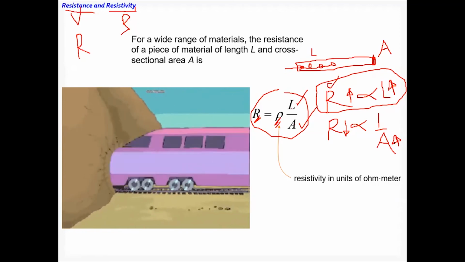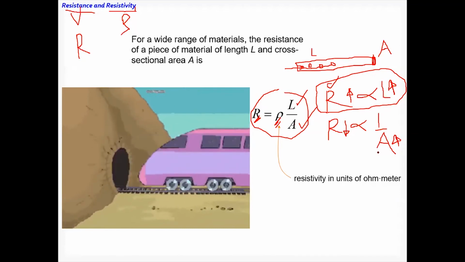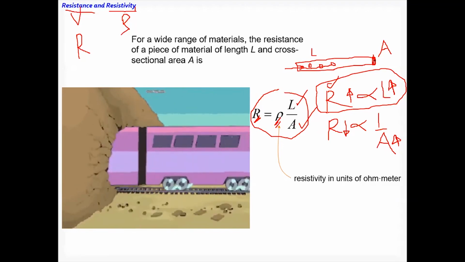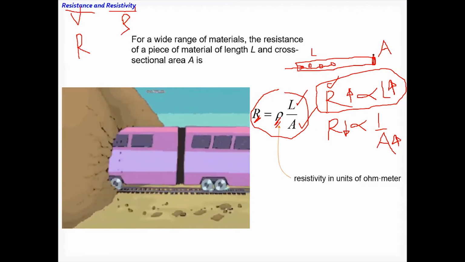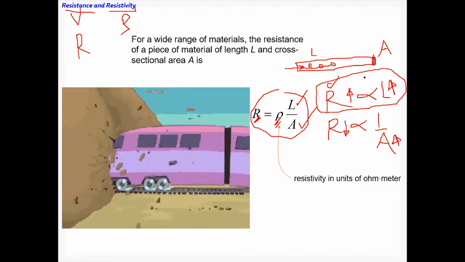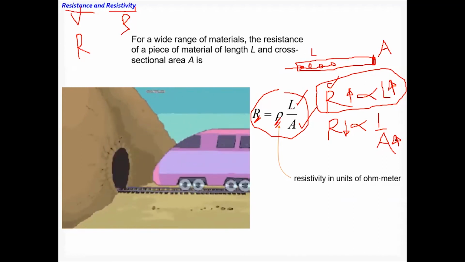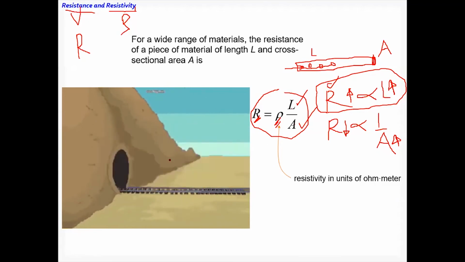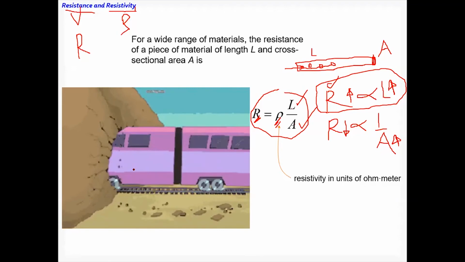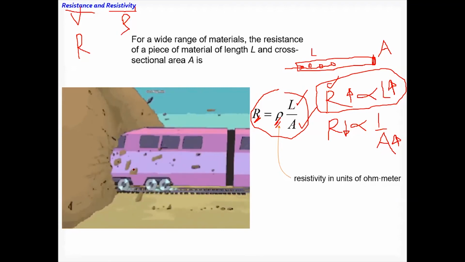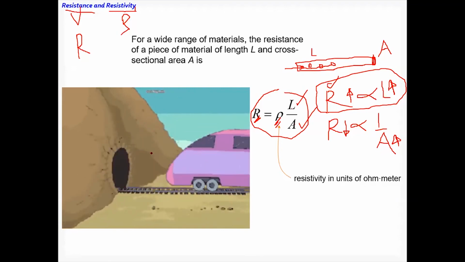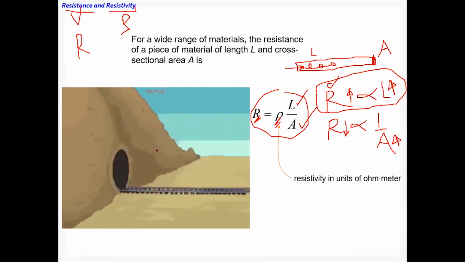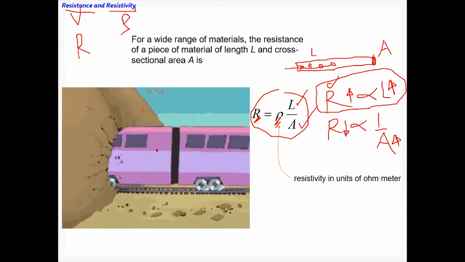But how about the area? If this area is small, then you have more resistance. If the area is big, you have less resistance. So if area increases, you have less resistance. Look at this picture here. I don't know if this analogy makes sense or not. I'm trying to pick one example. So this guy can pass through the hole in the second trial, right? What is the difference between the first trial and the second trial?